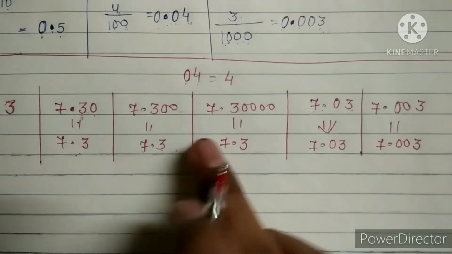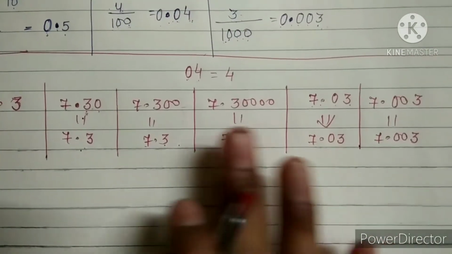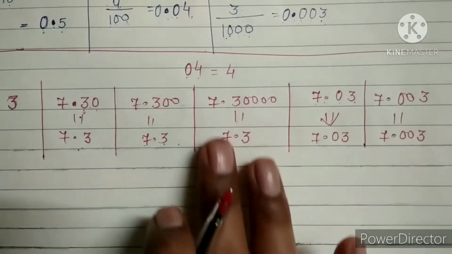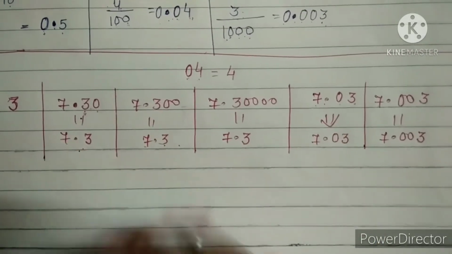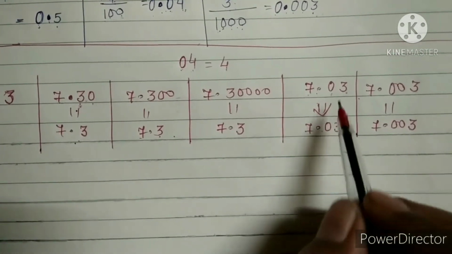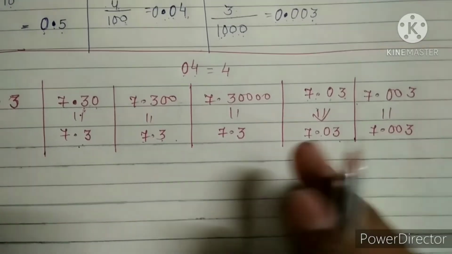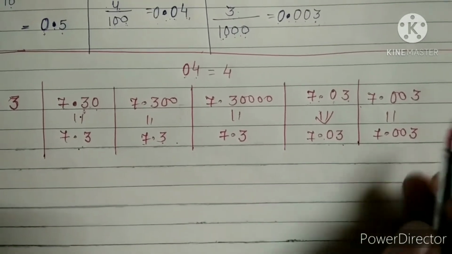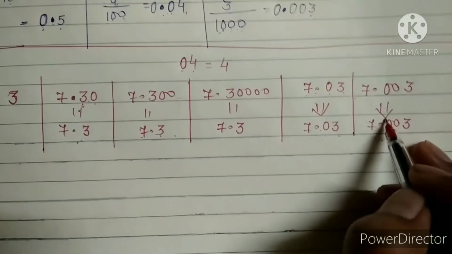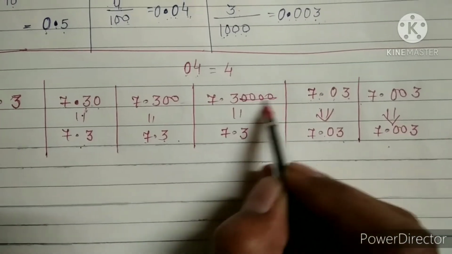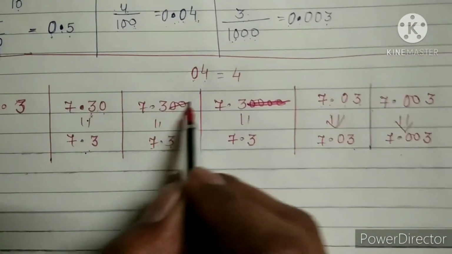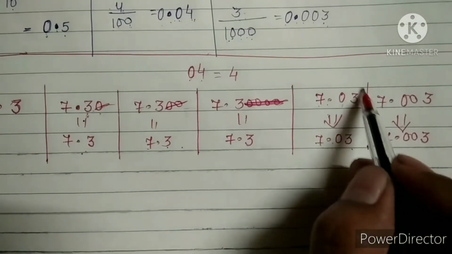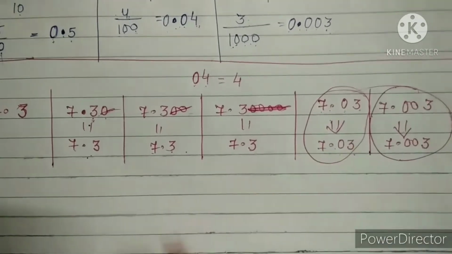A 0 at the end of the decimal gives the same value, but whenever 0 comes in between the values, it changes the value. Here we can ignore the zeros, but here we can't ignore the zeros.